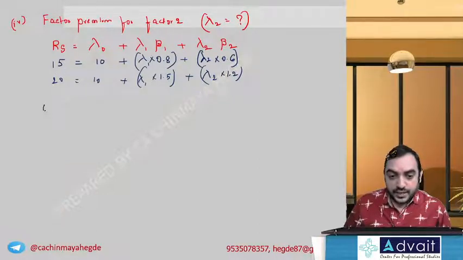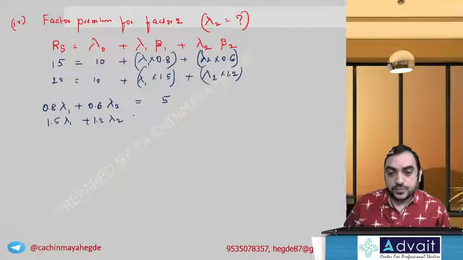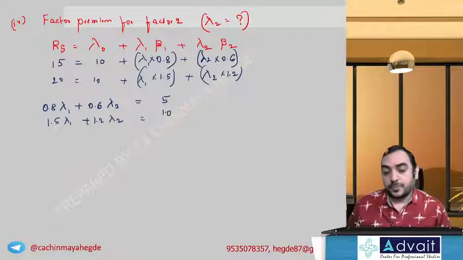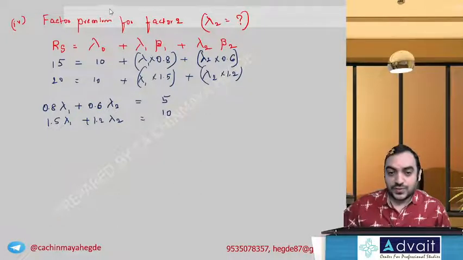So 0.8 lambda 1 plus 0.6 lambda 2 equals 15 minus 10, which is 5. Then 1.5 lambda 1 plus 1.2 lambda 2 equals 20 minus 10, which is 10. So solve by simultaneous equations.